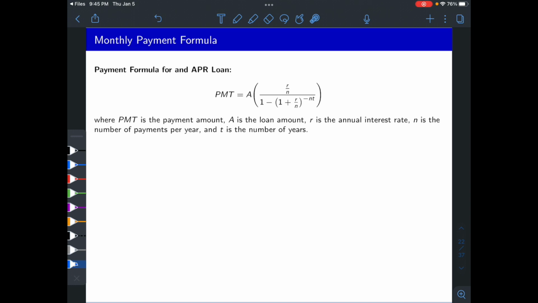The payment is equal to A times R over N divided by 1 minus, parentheses, 1 plus R over N to the negative N times T.